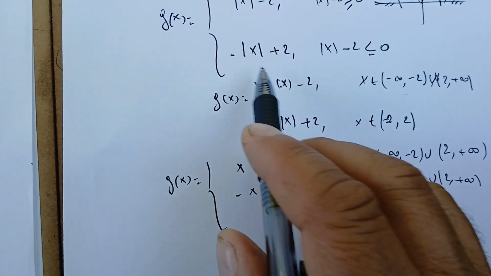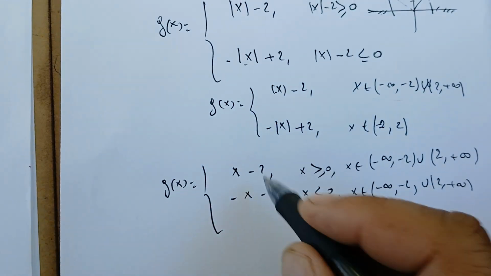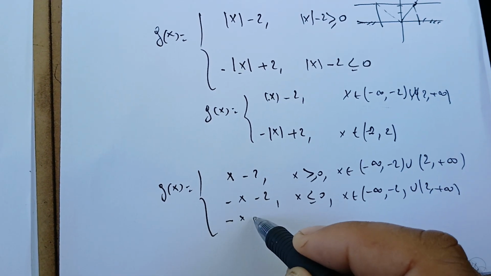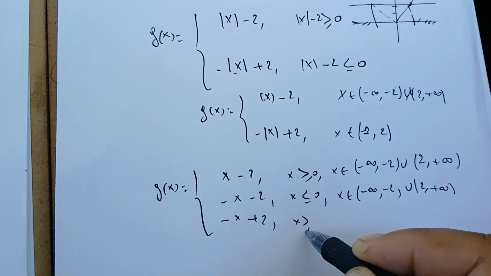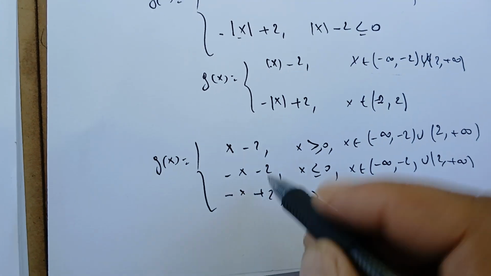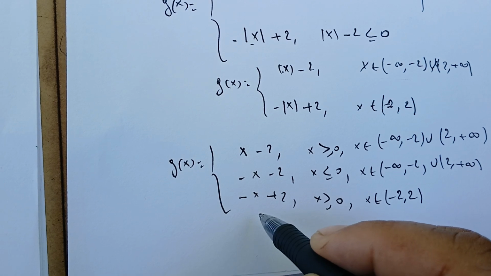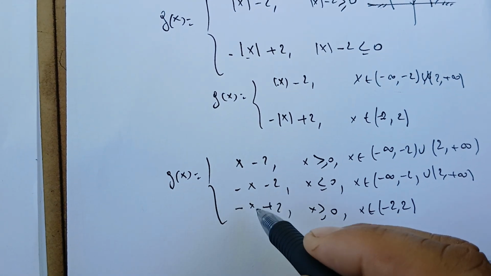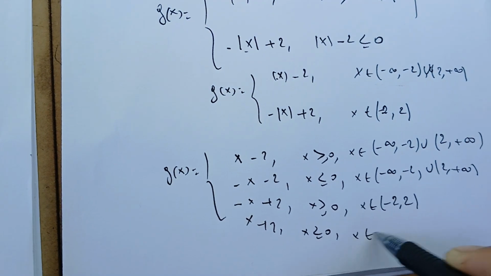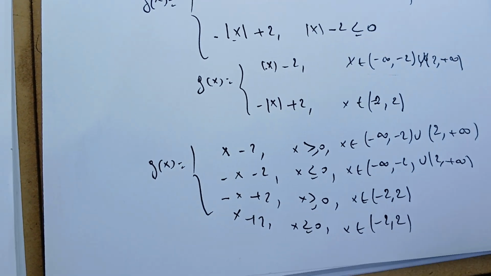And also here, now I'm going to use it here. So this is minus x plus 2 when x is positive and x is in minus 2, 2. And this is also x plus 2 when x is negative and x is in minus 2, 2.